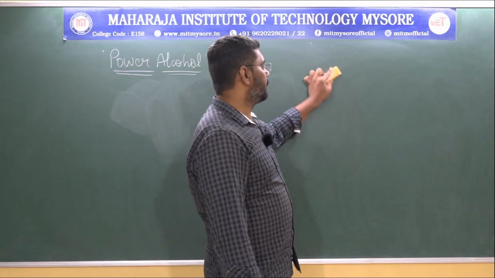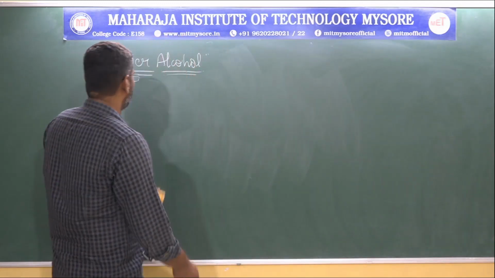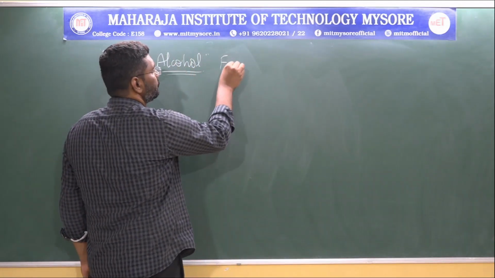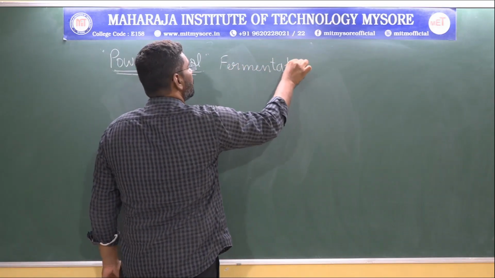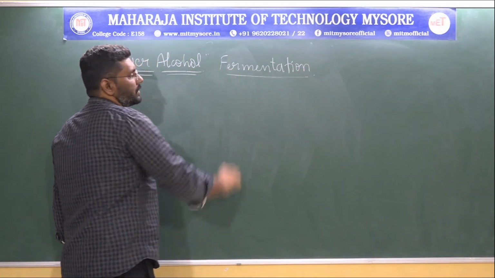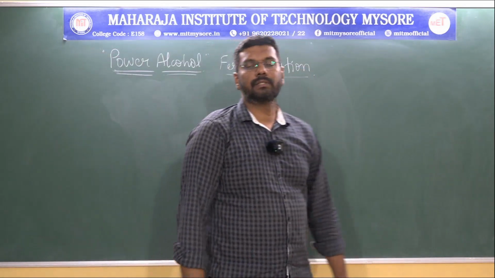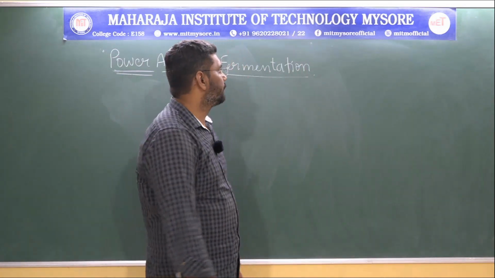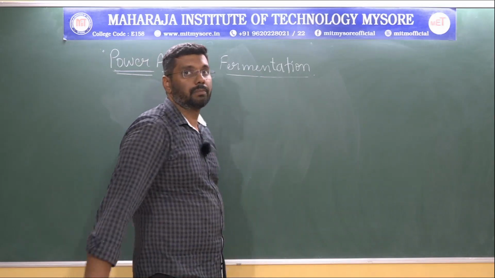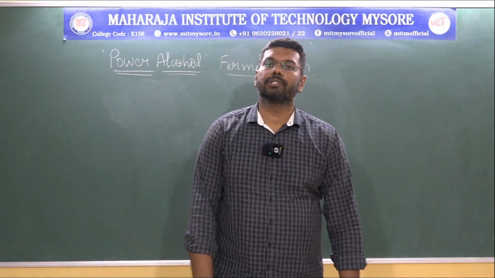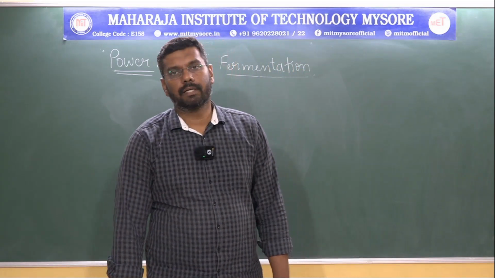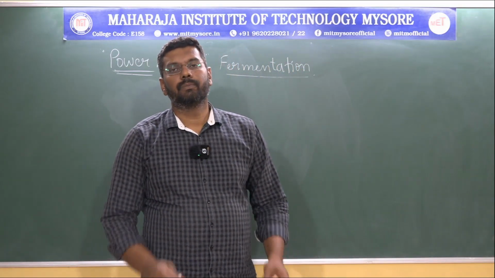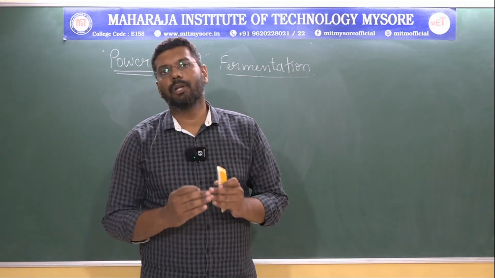We are very familiar with the word fermentation, because this is studied from pre-university classes. Fermentation is the process in which larger sugar molecules are broken down into small molecules.